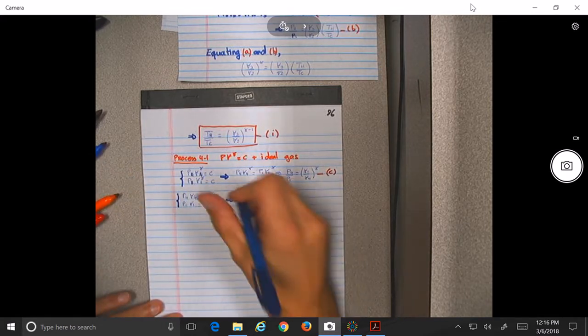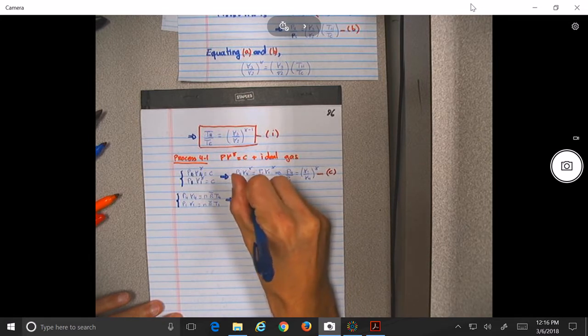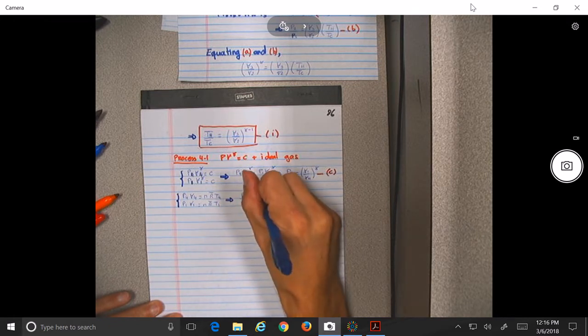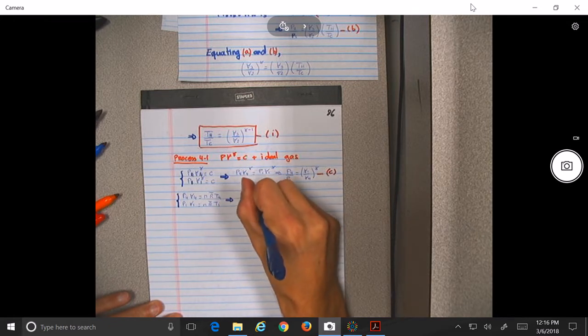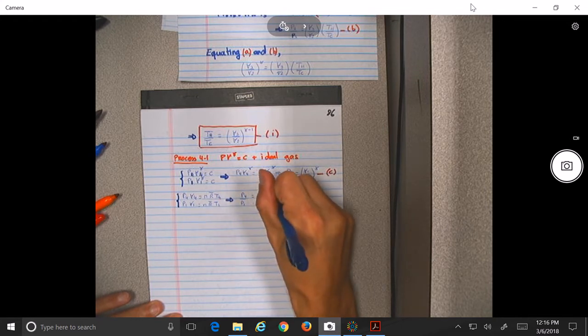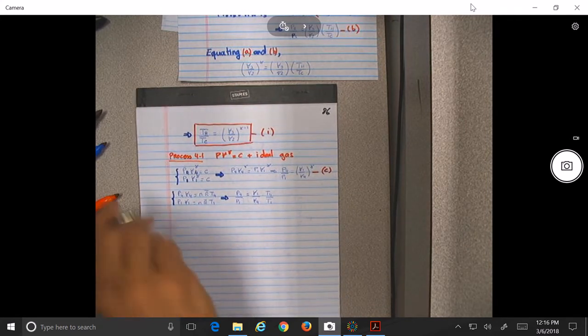So P4 over P1 will be equal to V1 over V4 times T4 over T1.